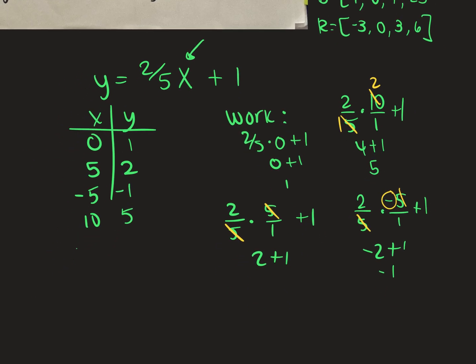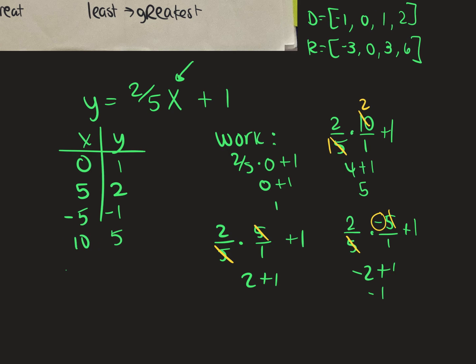Okay, type in the domain for this question. The domain is brackets, 0, nope, I can't start with 0, -5, 0, 5, and 10.